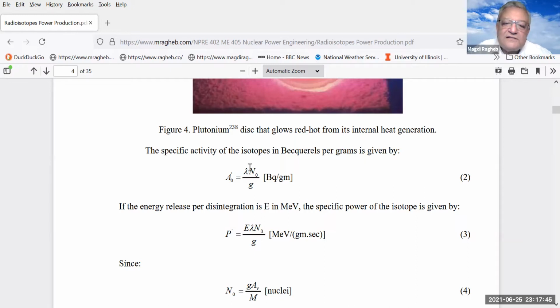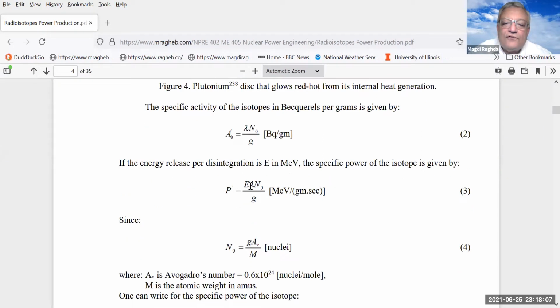I suggested that N sub 0 can be obtained from Avogadro's law. So let's do that. Let's substitute for N sub 0, G, the mass of the isotope, multiplied into Avogadro's number divided into the molecular weight. G divided by M itself is what we call 1 mole, or 1 gram molecular weight. So if you substitute for N sub 0, G multiplied into Avogadro divided by M, then we have an expression for the specific power as a function of the mass of the isotope.